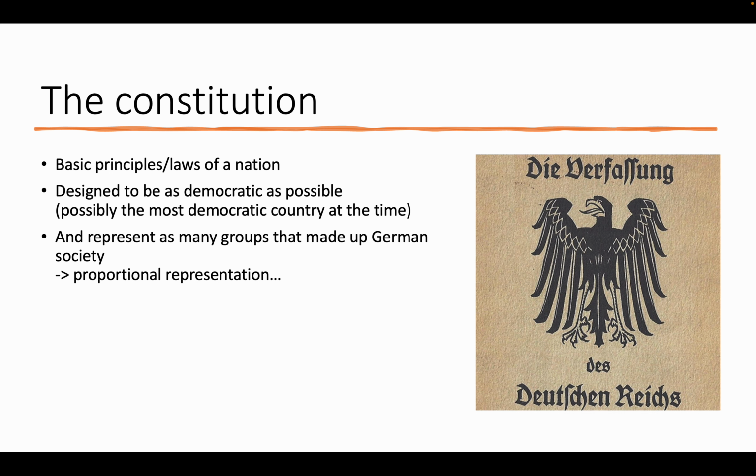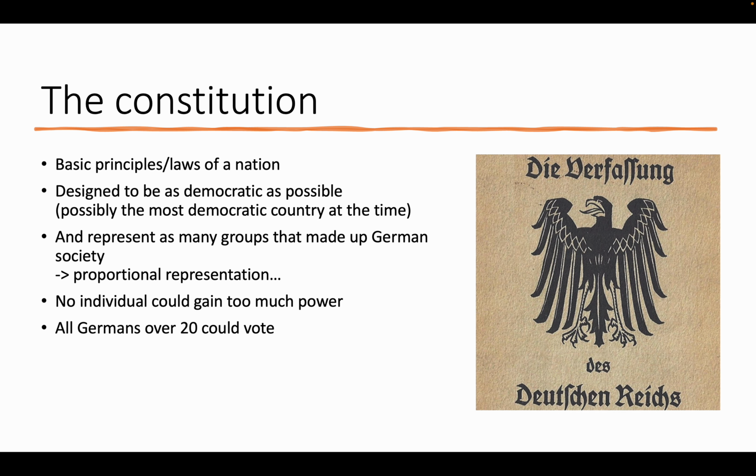If 5% of people vote for one group, then that group gets 5% of the power in the government. So there were a lot of parties in government, which made it difficult to make decisions, as we will see later on. And no individual could gain too much power, so it was structured that way. And all Germans over 20 could vote, including women.